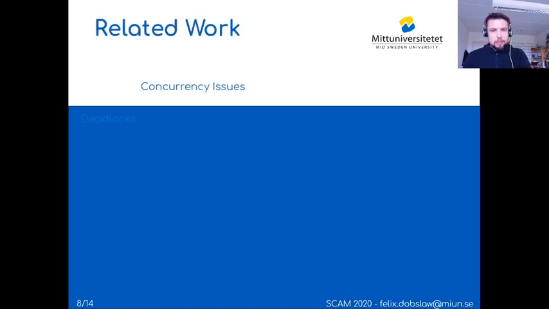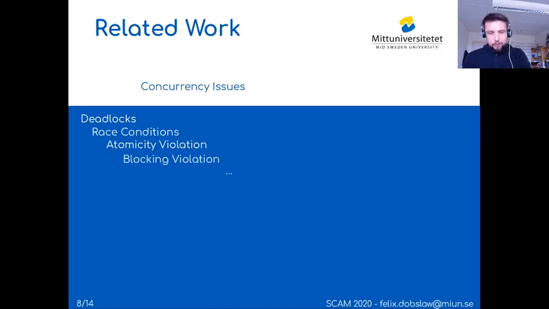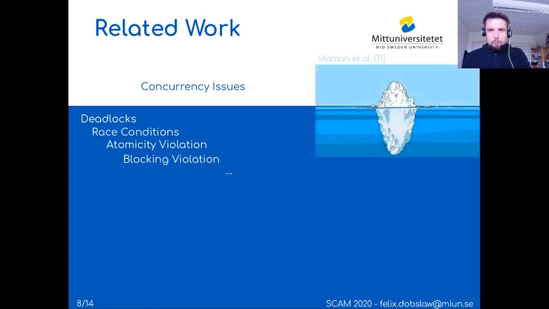In general, there is a lot of work being done on concurrency issues. Concurrency issues are hard to trace down and hard to reproduce, and therefore also hard to test. And we have both failures and faults that have been highly investigated, and we have references about that in the paper. Some work was done by Mamun in 2010, 2011.